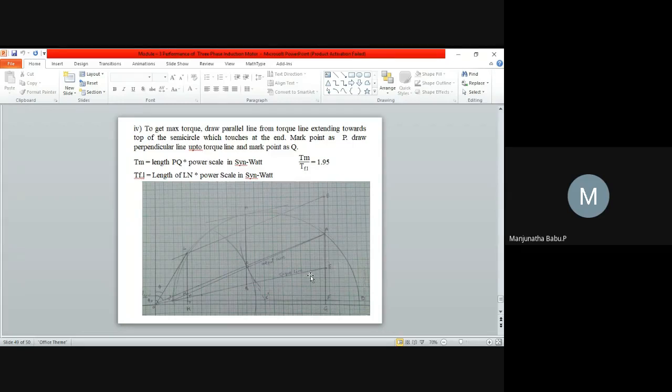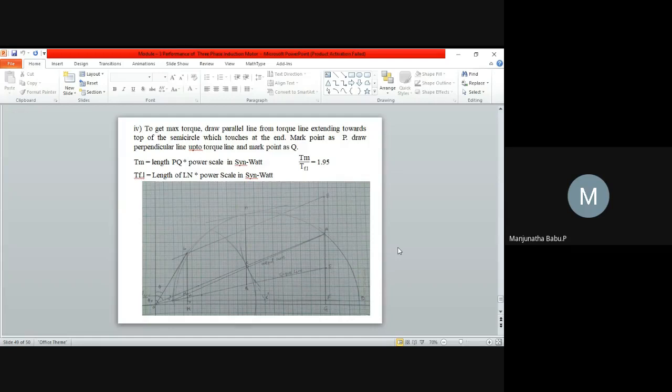Extend a line parallel to the torque line to the top of the circle, which touches at one point or the corner of the circle at the top. So mark that point as P.